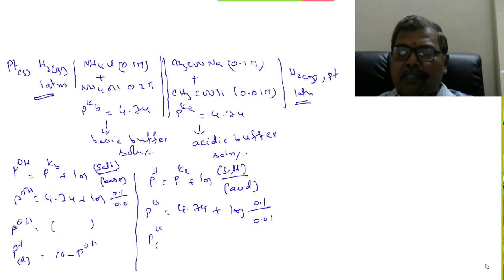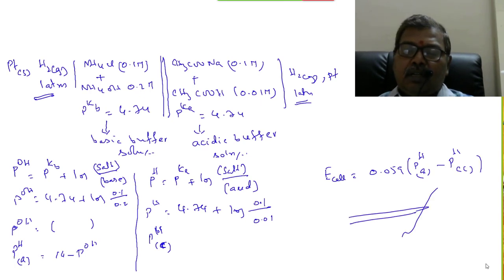You will get the pH of the solution in the cathode half cell. After that, you finish the problem like this: 0.059 times the pH of the solution in the anode half cell minus the pH of the solution in the cathode half cell. You will get the answer.